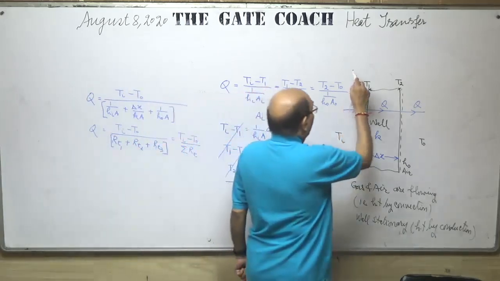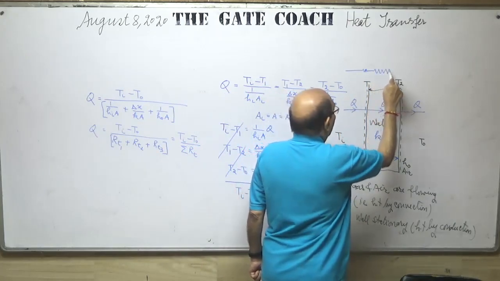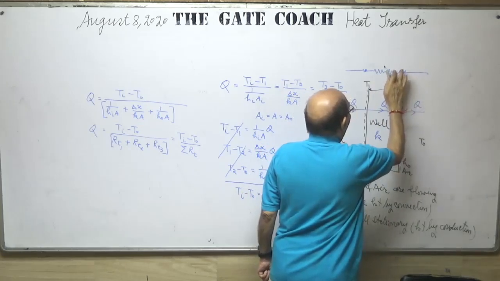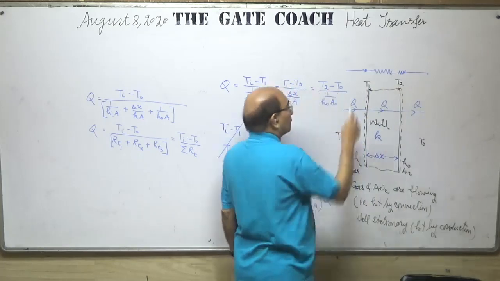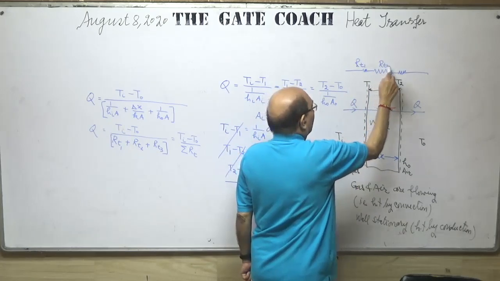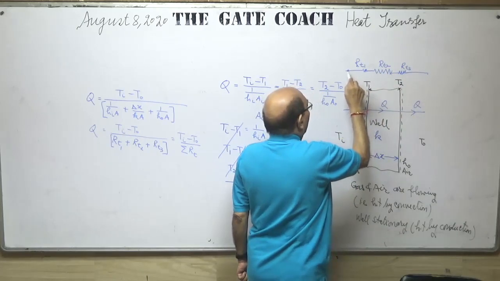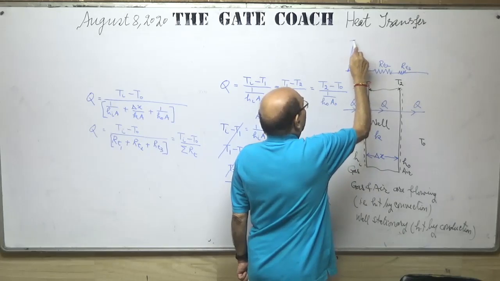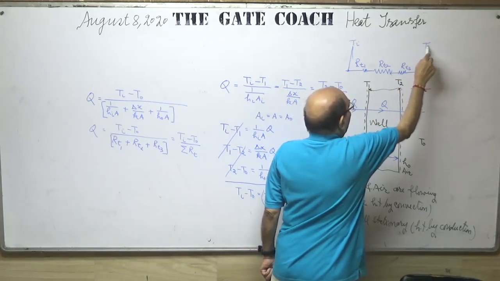You can have the diagram, this resistance, or T1 or T2 or T3. This side was temperature Ti, this side was temperature To.